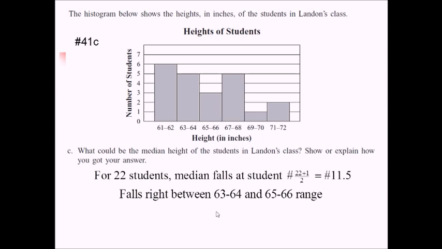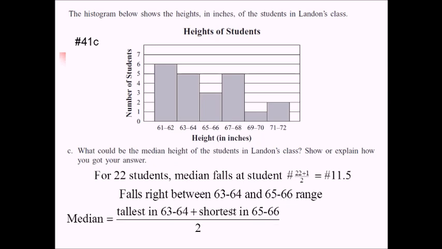I'm going to play it safe, and I'm going to average together the tallest student in the 63 to 64 range with the shortest possible student in the 65 to 66 range. So basically, I'm going to do 64 plus 65 over 2, which gives me 64.5. And that's guaranteed to be a median value.